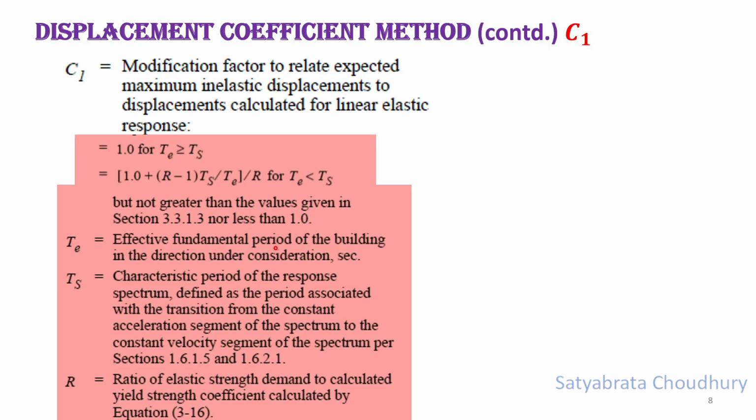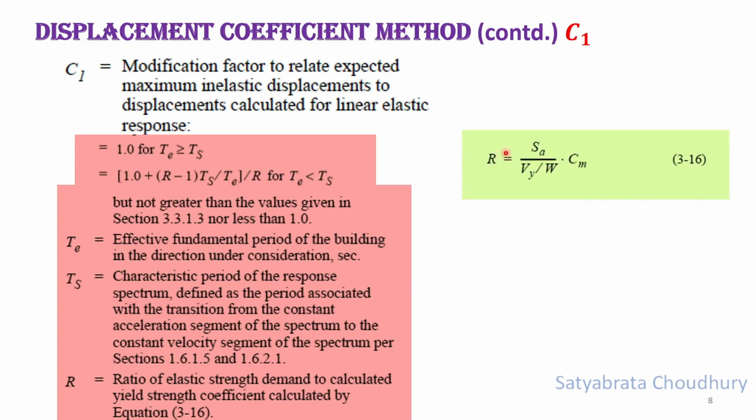So T is the effective fundamental period of the building, Ts is the characteristic period, R is called the strength ratio. What is the strength ratio? We shall see through a mathematical expression also. It is the strength demand to yield strength coefficient calculated by the equation given in the document. The document we are talking about is the FEMA 356 document.